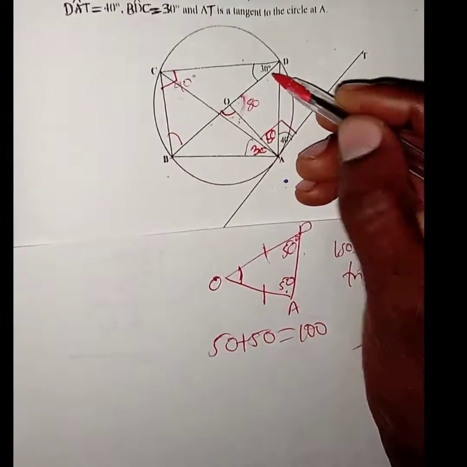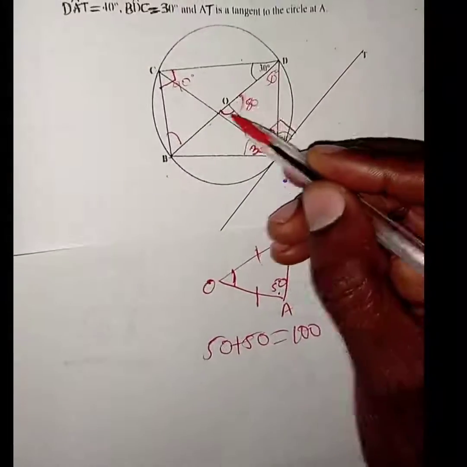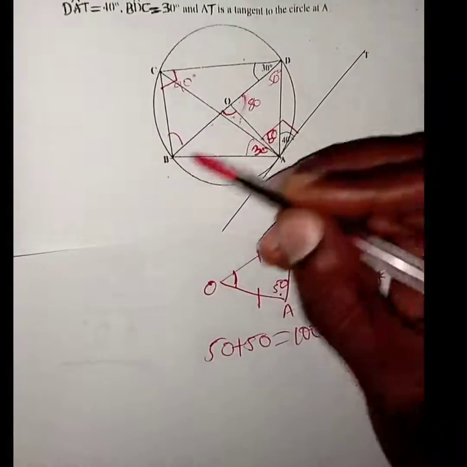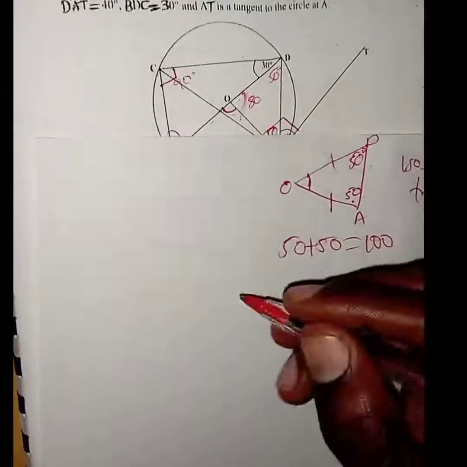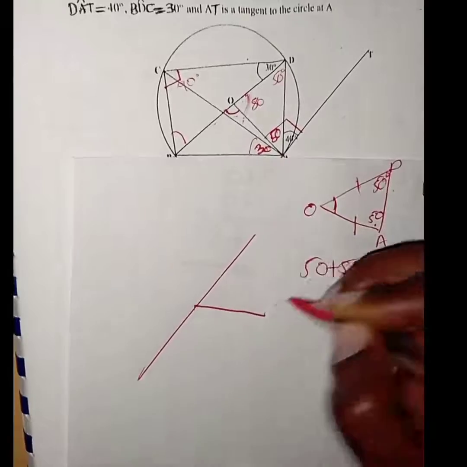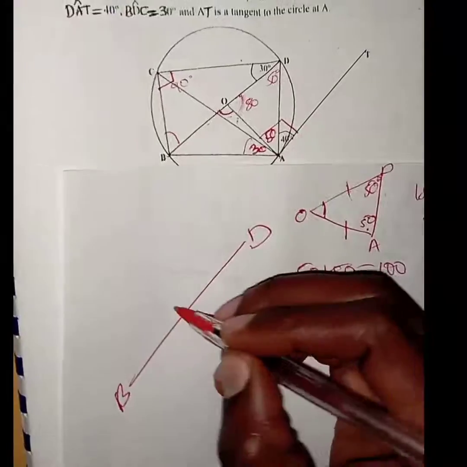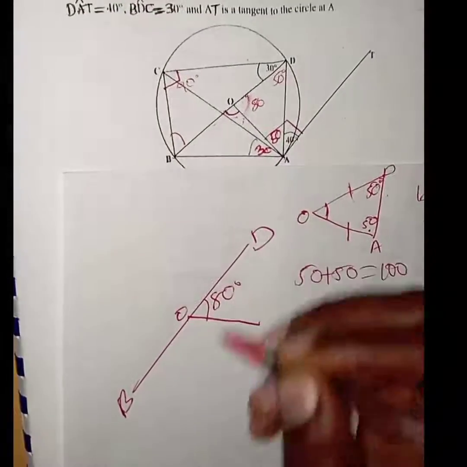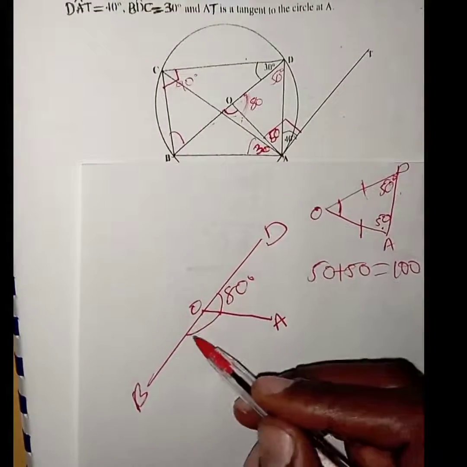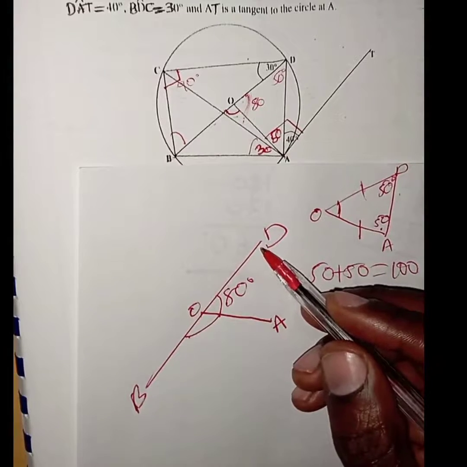And here it is 50. Remember the 50 here? Now, since this is a straight line, and we know the way this line has been formed, this is BD, and O is here. So if this is 80, what about here? Angles on a straight line should give you 180, or we say they are supplementary.